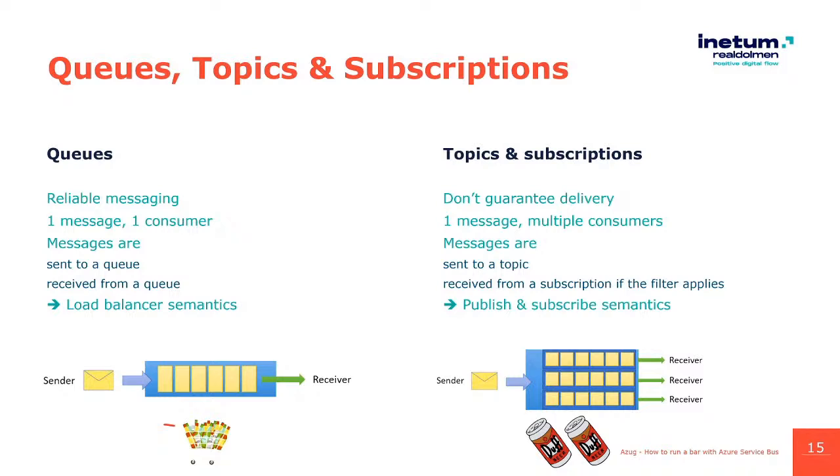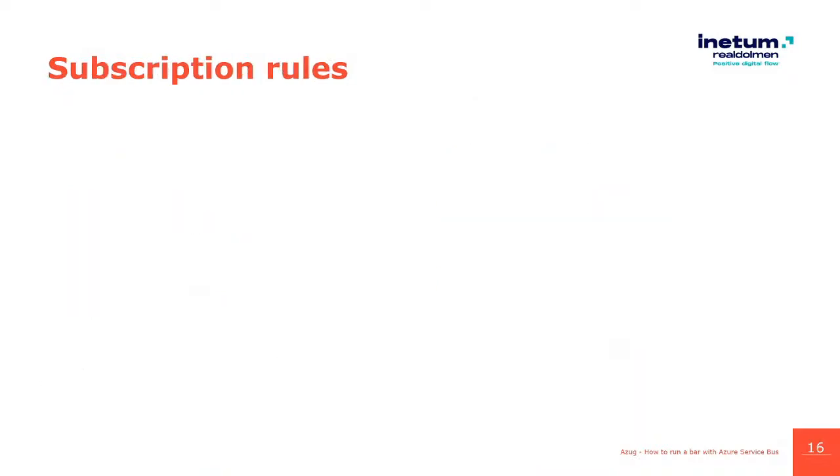You send your message to a topic, and the subscriptions on the Service Bus that are registered on the topic will take the message from the topic as soon as the filter applies. This just follows the publish and subscribe semantics.